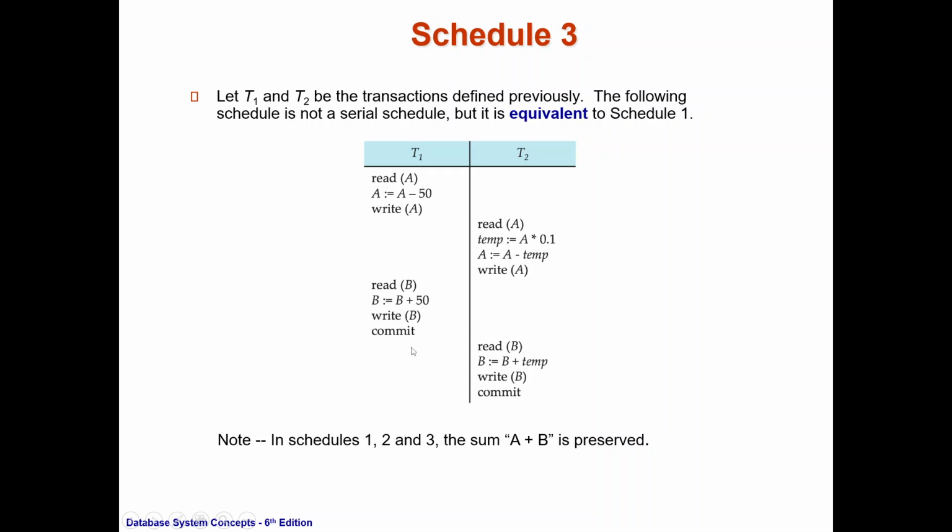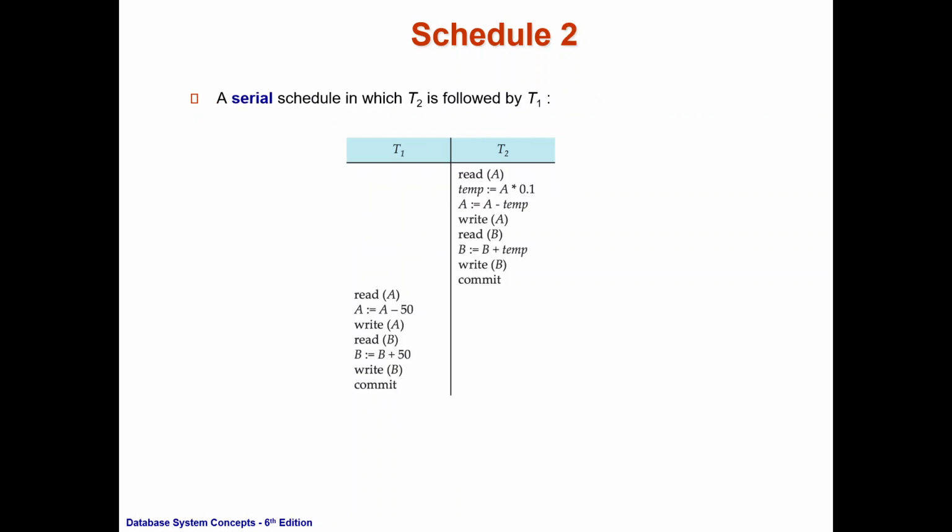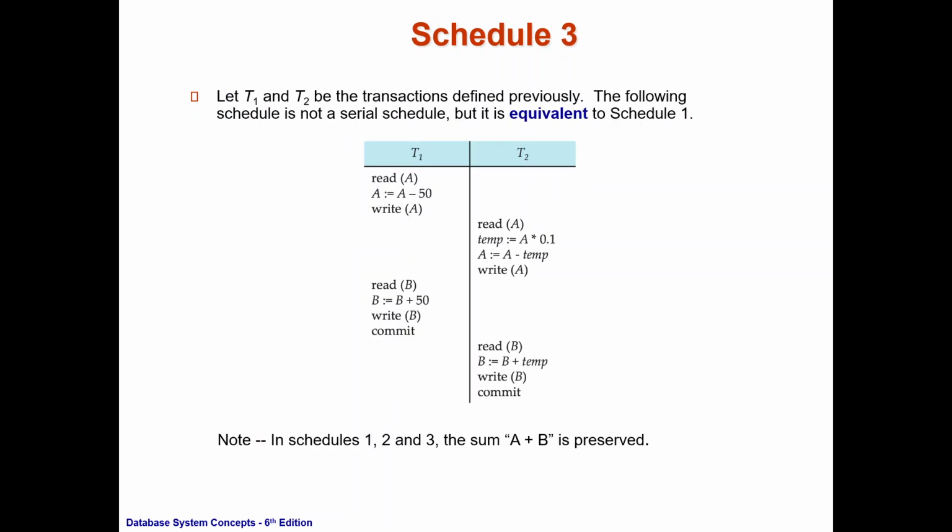Then read B, because by this time, B we did not touch. So B will be 2000, 2000 plus 50, so 2050. So what you see here is the equivalent of T1. What is T1? T1 is this one. What are the schedules we prepared here? Schedule 1, the next one is schedule 2, and the third one is schedule 3.